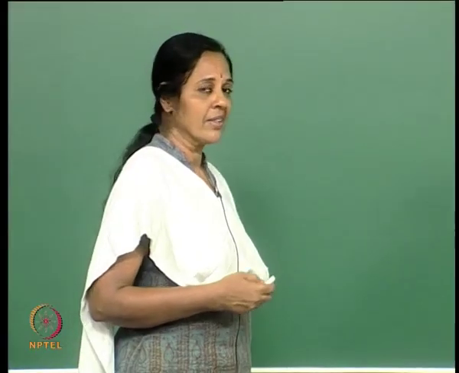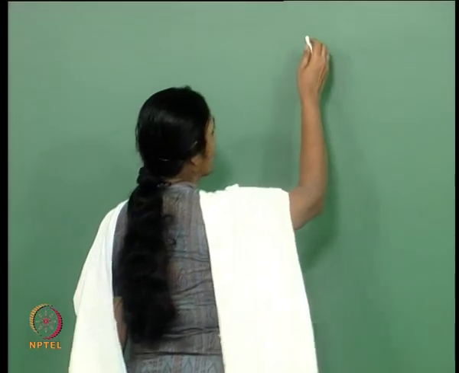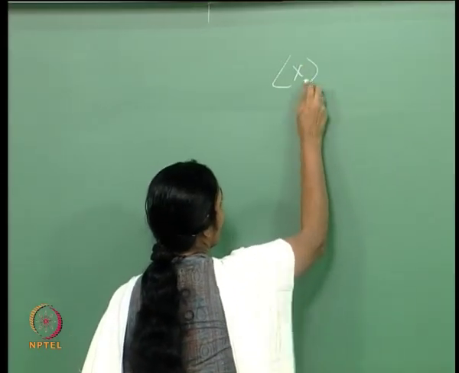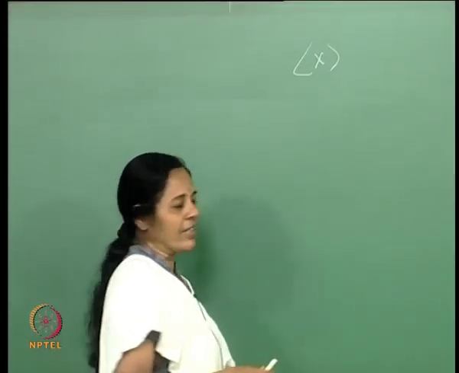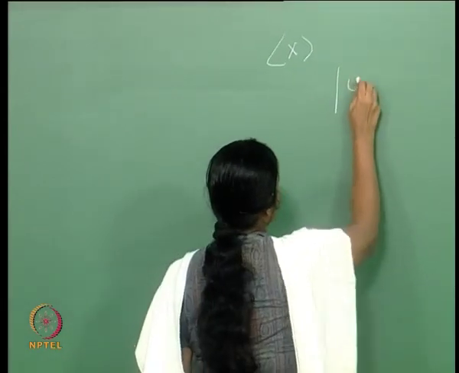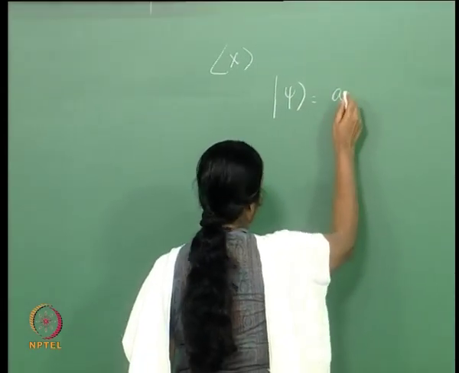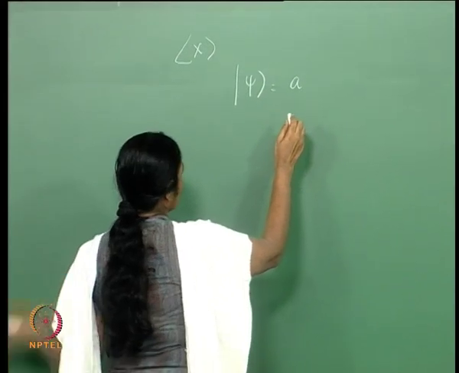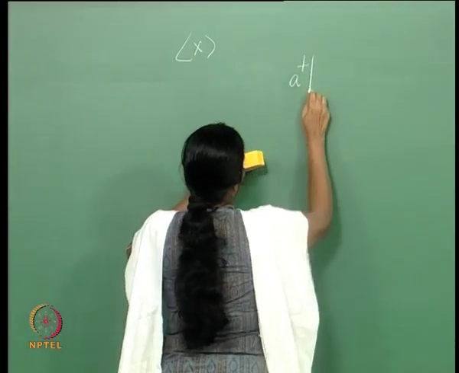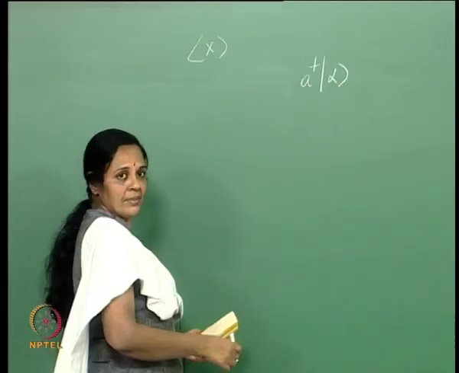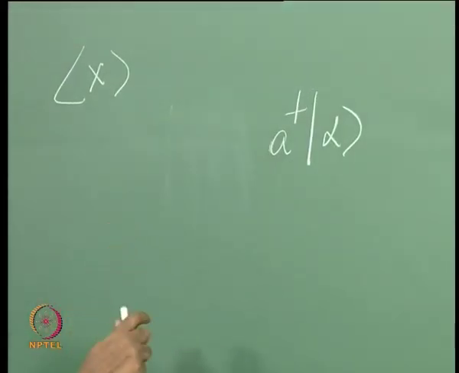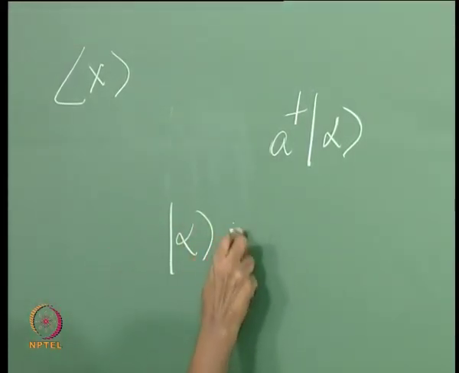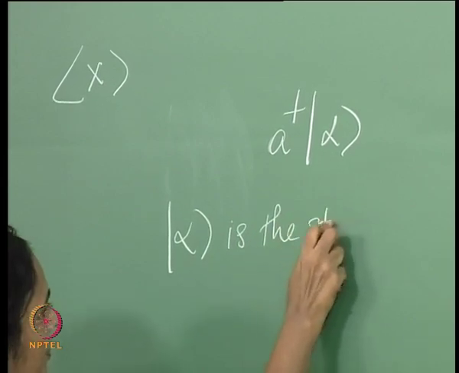My next exercise is to compute the expectation value of x in a very interesting state. I define that state as a dagger acting on ket alpha. I have to normalize this, where ket alpha is the standard coherent state.